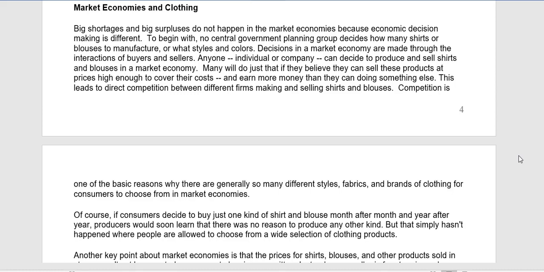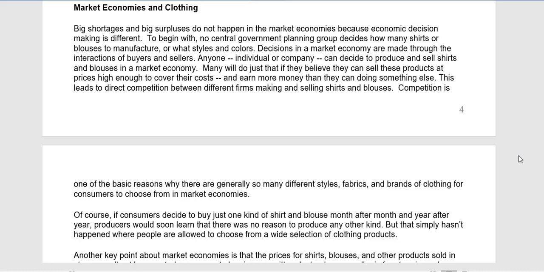Market economies and clothing. Big shortages and big surpluses do not happen in the market economies because economic decision making is different. To begin with, no central government planning group decides how many shirts or blouses to manufacture or what styles and colors. Decisions in a market economy are made through the interaction of buyers and sellers.